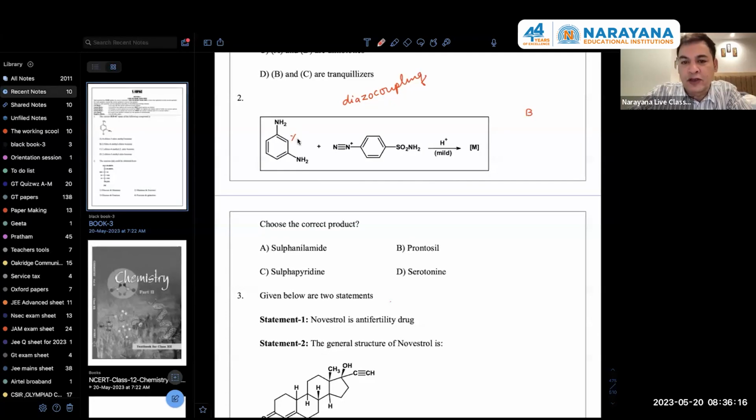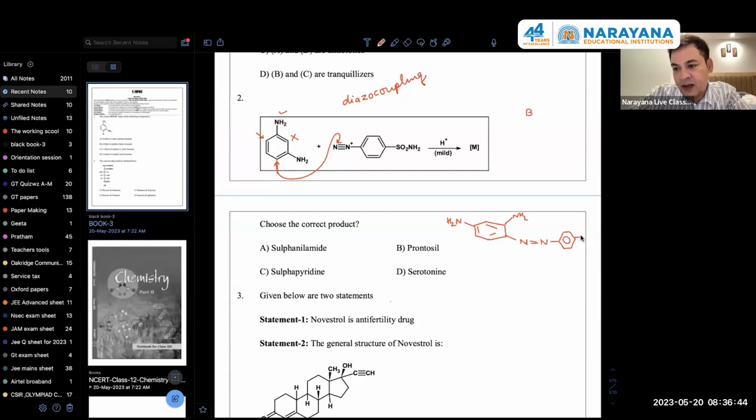This ortho won't attack because it is sterically hindered. So either the ortho of this amine or the para, any one of the positions can attack. Suppose this position attacks here. So you will get a compound like this, with NH2, NH2, by this coupling process.